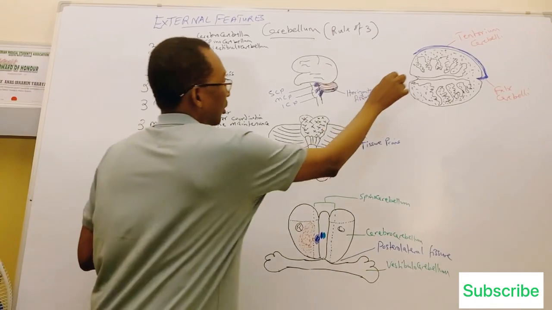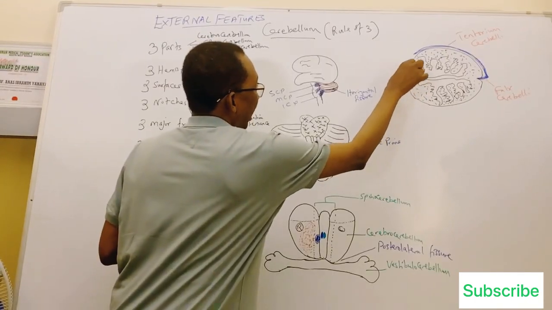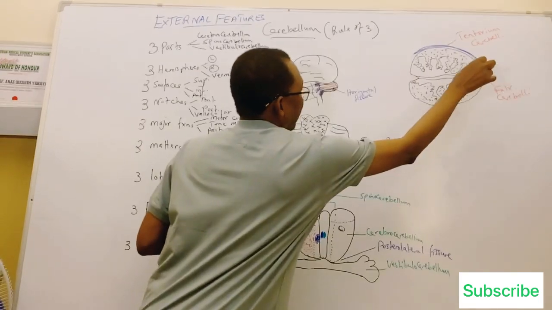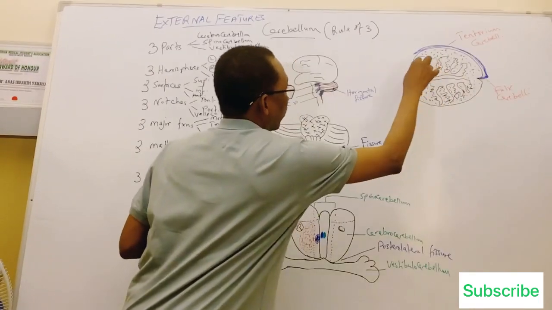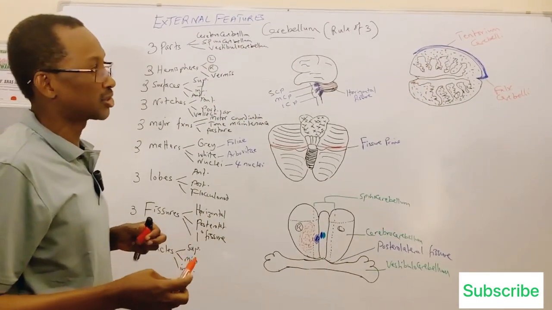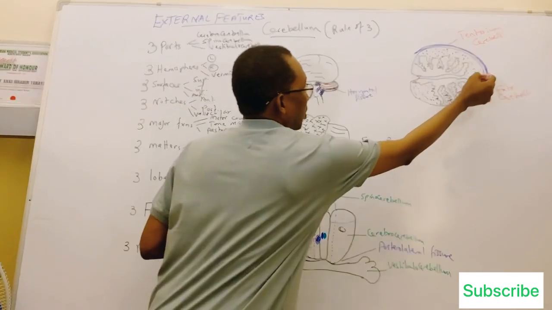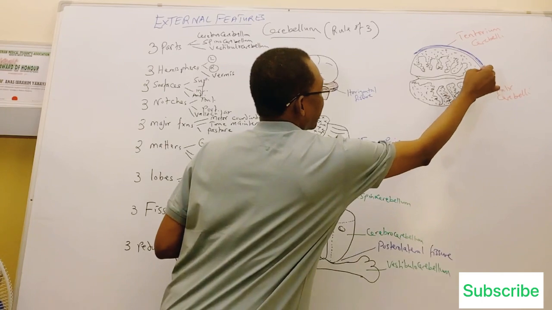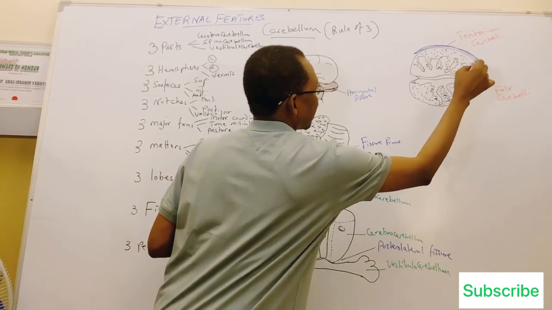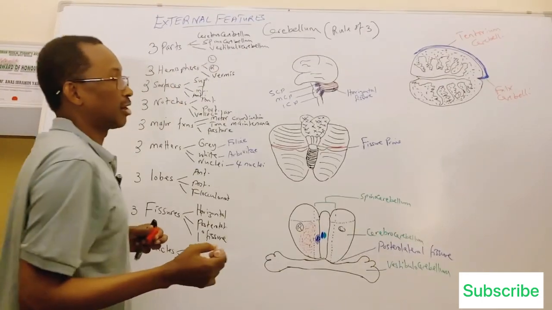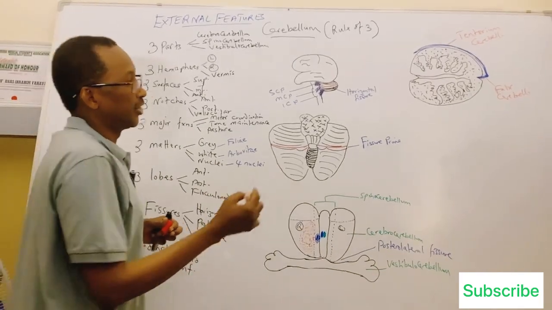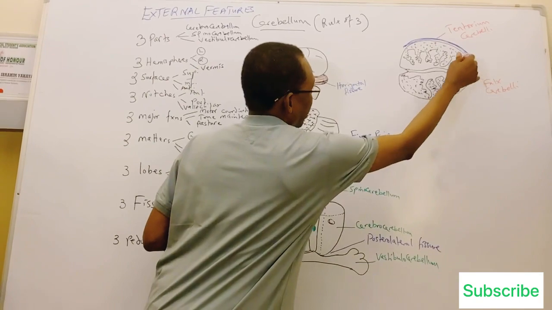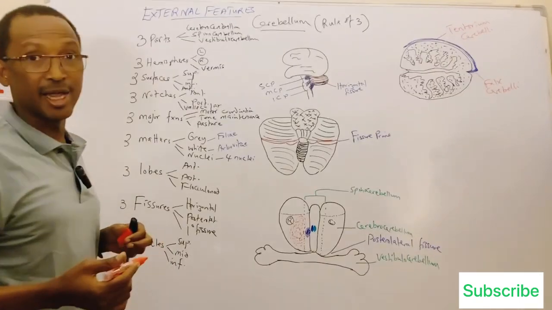This anterior notch is shallow and wider, while the posterior notch, which is this one, is narrower and deeper as compared to the anterior notch. And this posterior notch of the cerebellum accommodates what we call the falx cerebelli. This falx cerebelli is a dural fold that is separating the two cerebellar hemispheres.